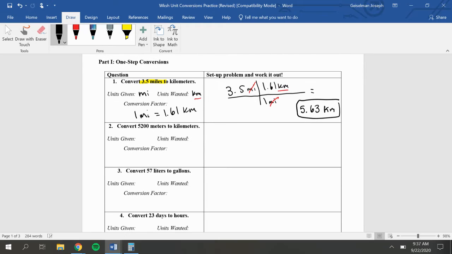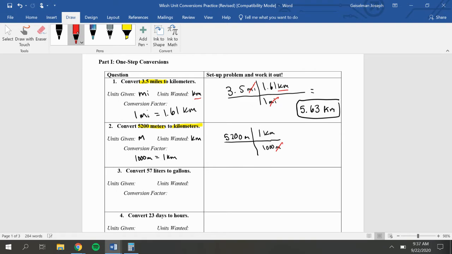The next one down, we are converting 5,200 meters to kilometers. We're given meters, we want to go to kilometers, and we know that there are 1,000 meters in each kilometer. So our conversion factor for this one is really easy. How to set this one up: we start with what we're given, 5,200 meters, and we know that there's 1,000 meters in each kilometer.